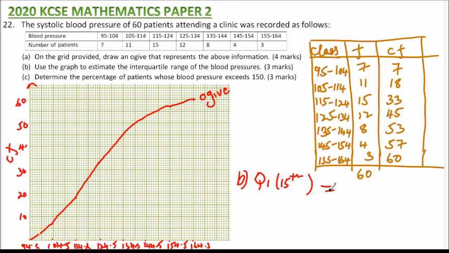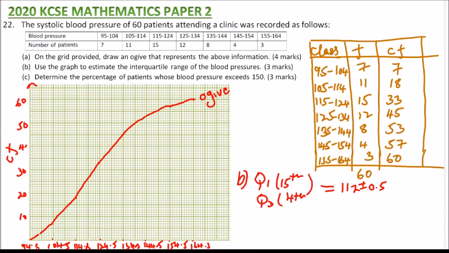And the value that you read here, if you come to 15, you find that it is 112, plus or minus 0.5.